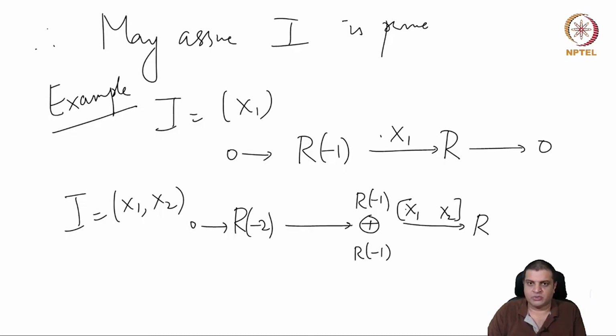X2 and X1 are irreducible elements, not multiples of each other. So X1 has to divide R2 and X2 has to divide R1, and then we would get this. It is the same argument that we did in the earlier example in the previous lecture. So this is a free resolution for two variables.